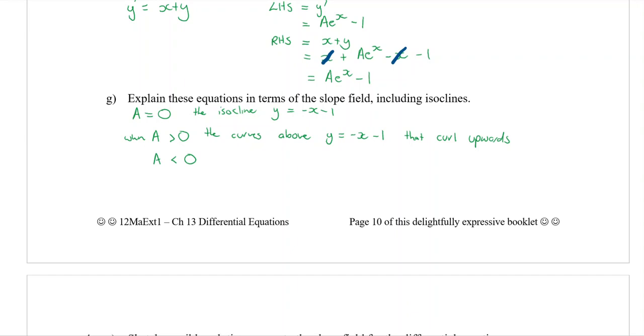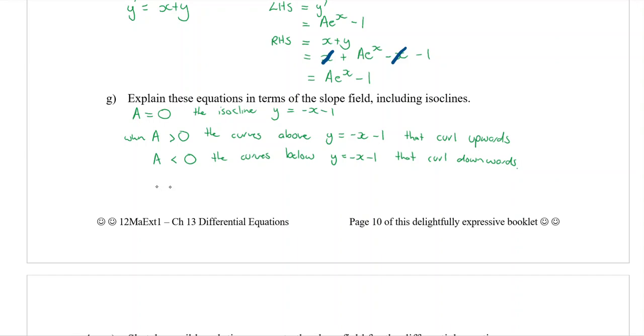So these are the curves. And we also know that all the curves are asymptotic to y equals minus x minus 1.